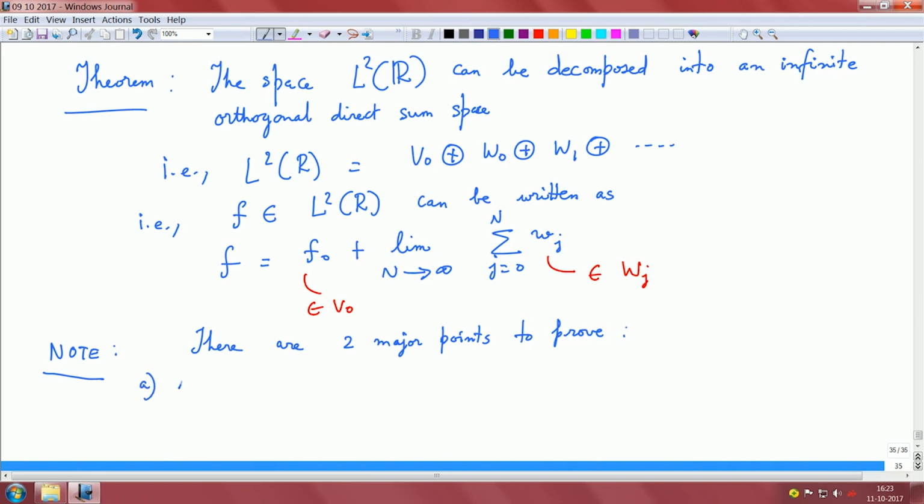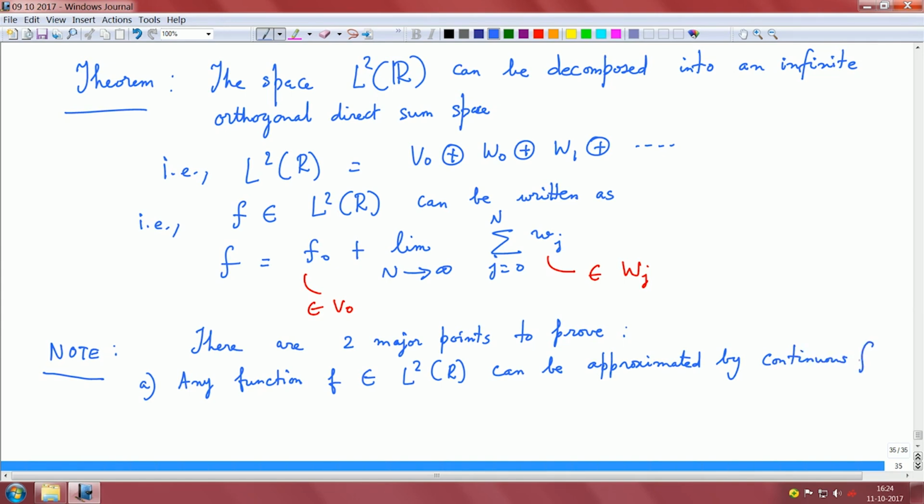The first point is any function f belonging to L2 can be approximated by continuous functions. This is the first statement that needs to be proved.